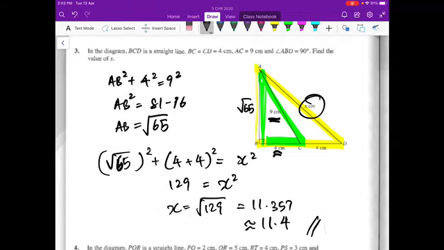So using the Pythagoras theorem, we can find AB, which is square root of 65. Now we substitute that into our big yellow triangle. AB square, which is 65, plus 8 square, which is our BD, gives us x squared. And solve. We're not finding perimeter, we're finding the length.